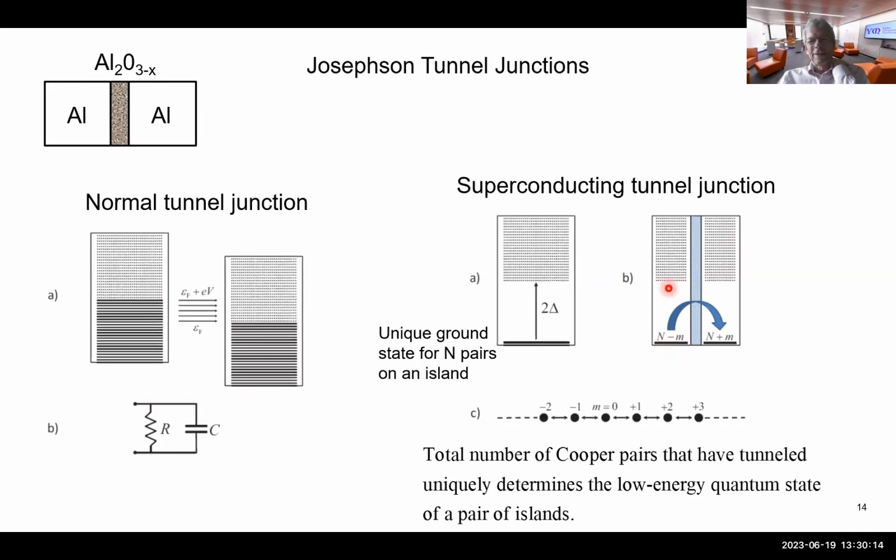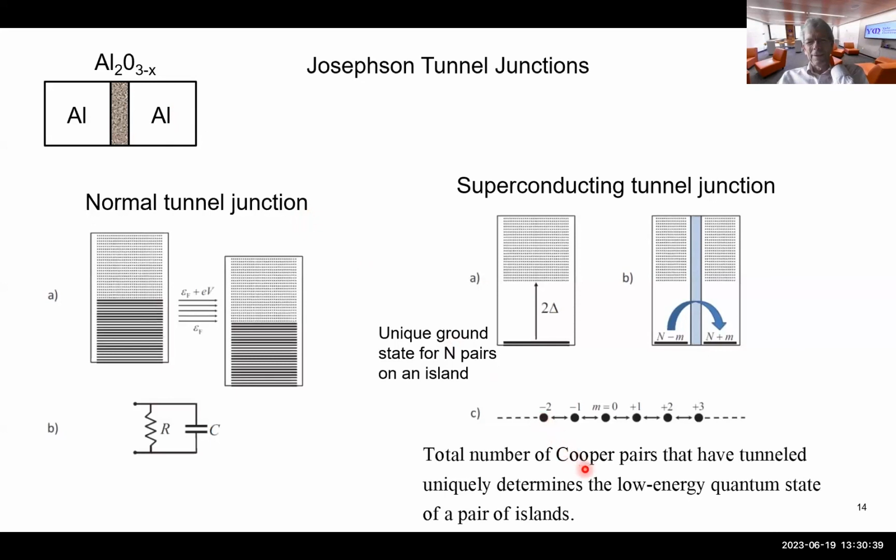Okay. So in other words, because there's a unique ground state, in order to tell you the state of this junction, all I have to tell you is the number of Cooper pairs that have been moved from one side to the other.